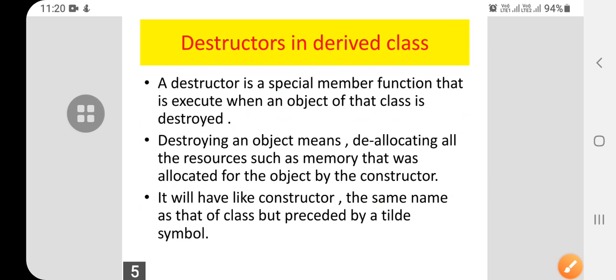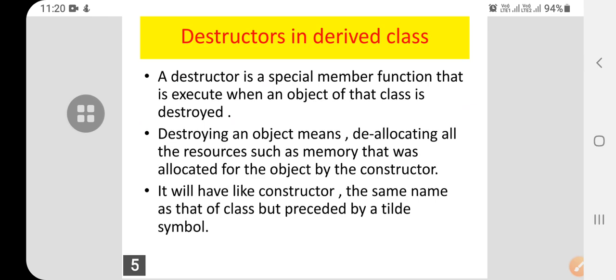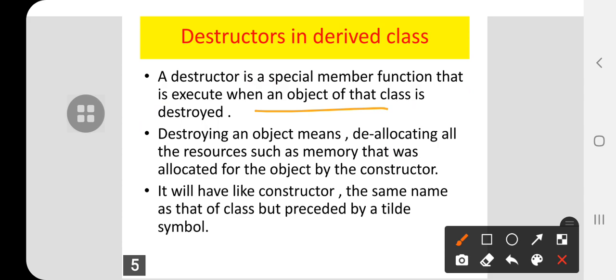Then you should know the destructor. As the name itself indicates, it destroys something. Objects created during the constructor, whenever their job is ended, have to be destroyed, so at that time we call the function destructor. Destroying means deallocating the memory which was required for the program.